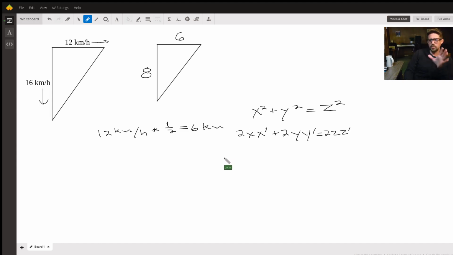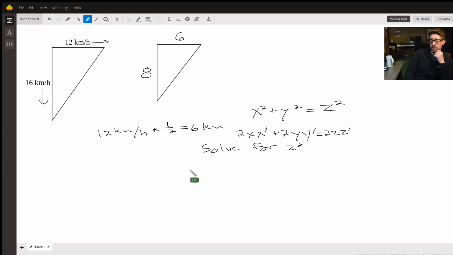Now we need to say, wait, what were we even asked? We were asked for the rate at which the distance between them is changing. The distance between them is z, right? And the rate at which z is changing is z prime. So now we get to do some algebra, and you have to solve that equation for z prime, which is not the hard part.